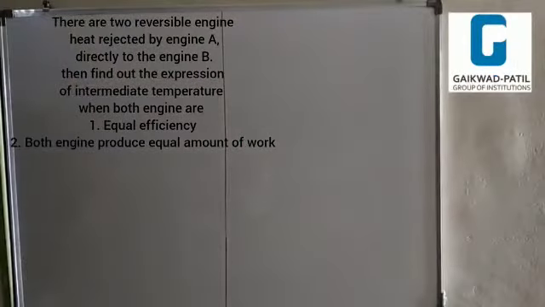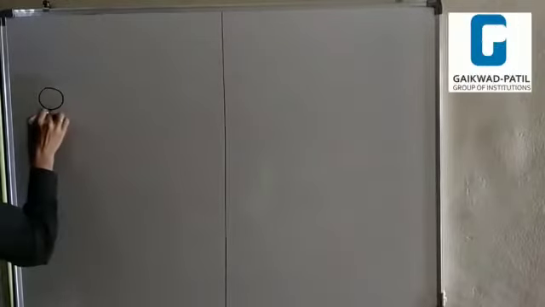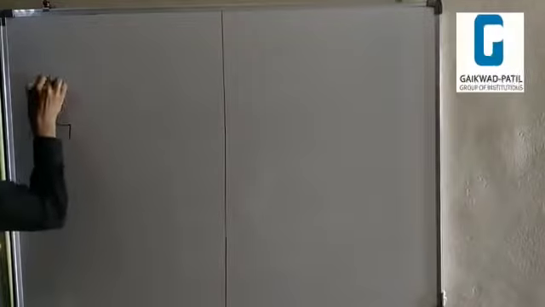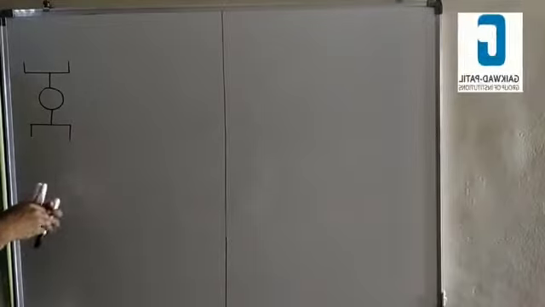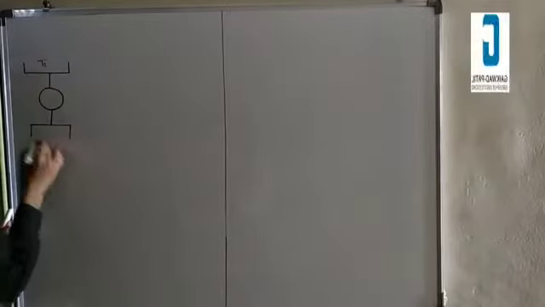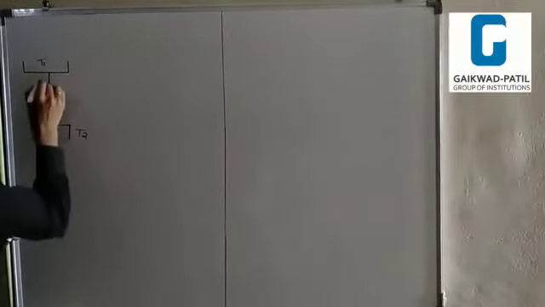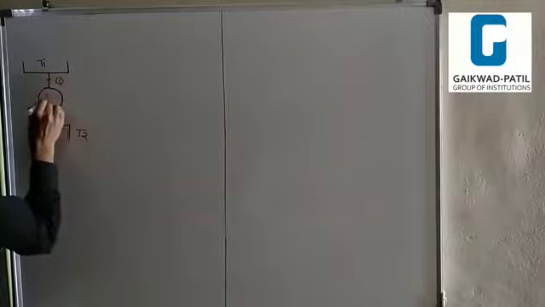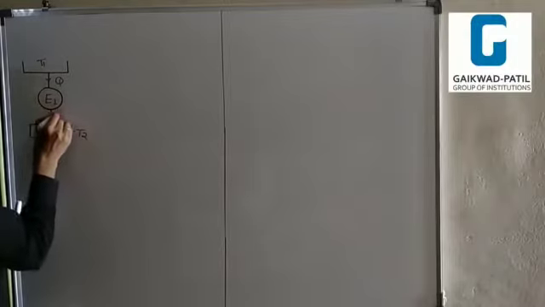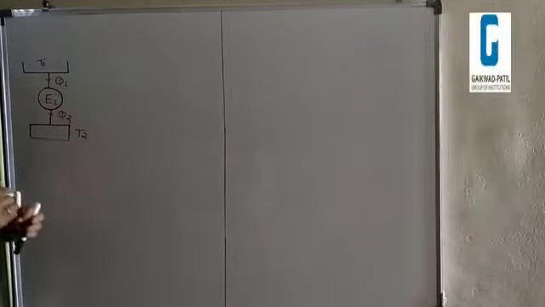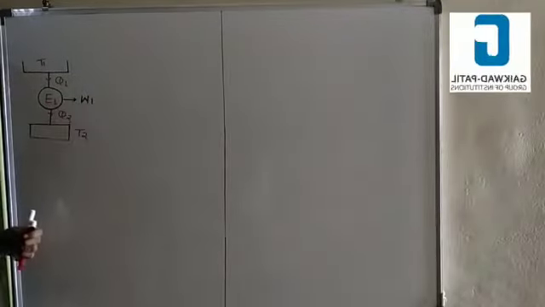Now let's see here. We have two engines like this. For engine number 1, the source temperature is T1, and here the intermediate temperature is T2. The heat supplied to engine 1 is Q1 and the heat rejected by engine 1 is Q2, and engine 1 produces work done W1.